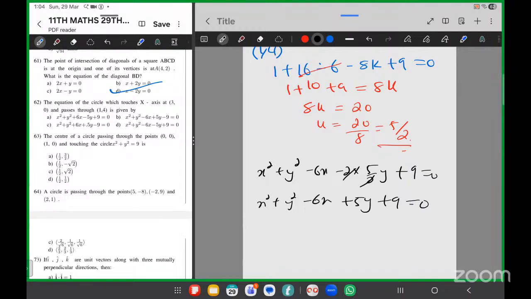So x square plus y square minus 6x, minus 5y, and option D is the correct answer.